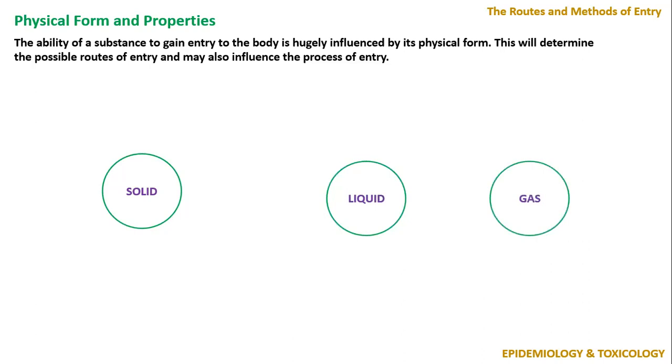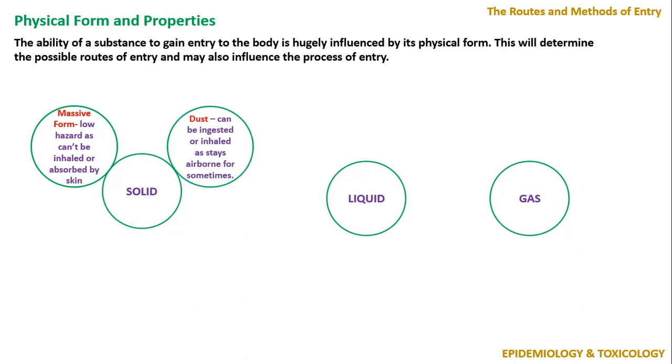Now we will discuss solids. A solid can be in a massive form, which has a low hazard and can't be inhaled or absorbed by the skin. Solid can be in the form of dust and can be ingested or inhaled as it stays airborne for some time.